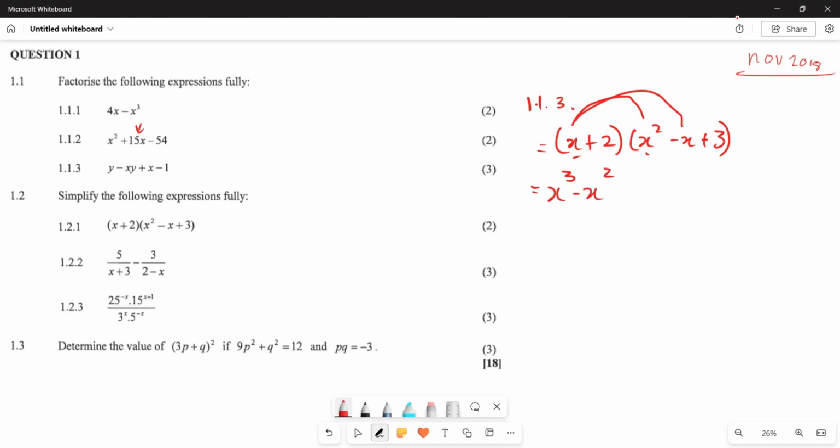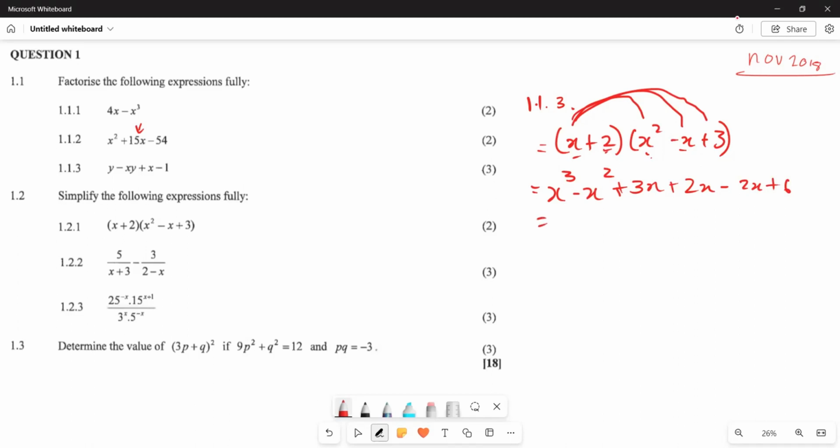When you take the last one, the last one is going to give you plus 3x. And then this multiplied by this is going to give you plus 2x squared. And then these two multiplied by this one are going to give you negative 2x. And the last ones are going to give you positive 6.